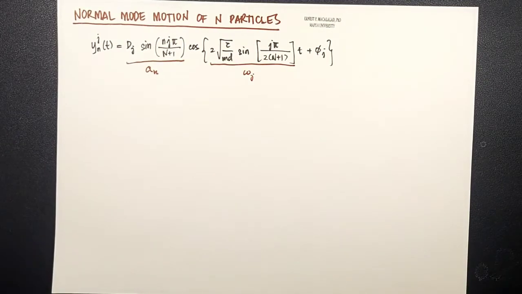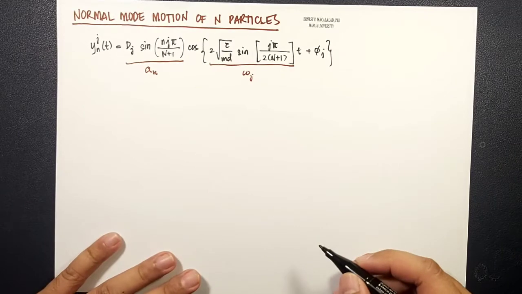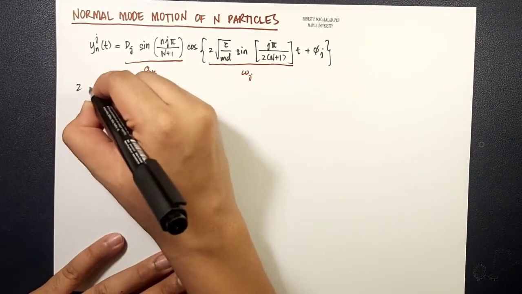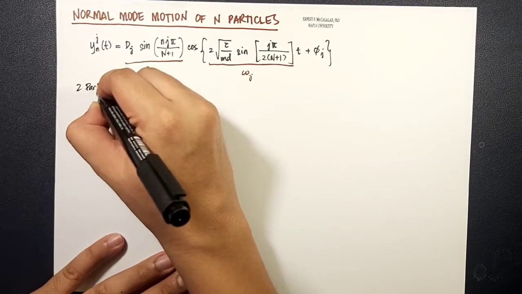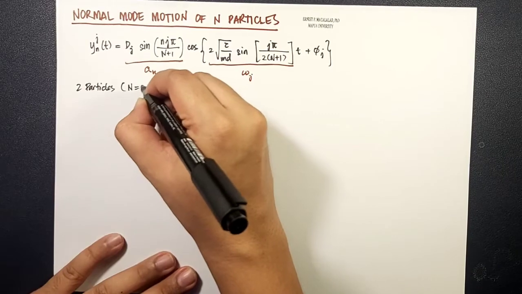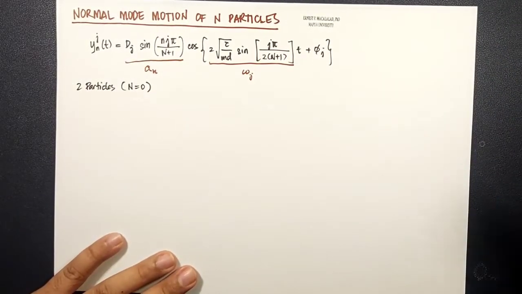Now, for the sake of illustration, let's first illustrate two particles. So we have two particles, so that means N is equal to 2. If we draw it here, it looks like this.